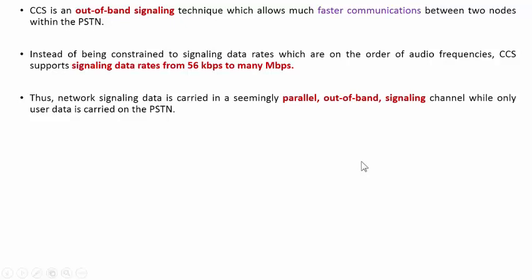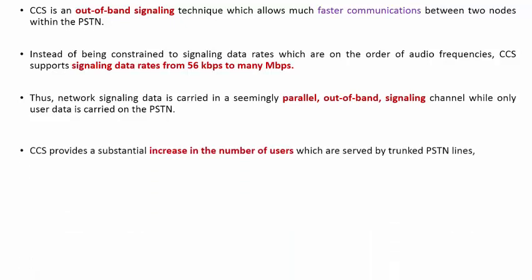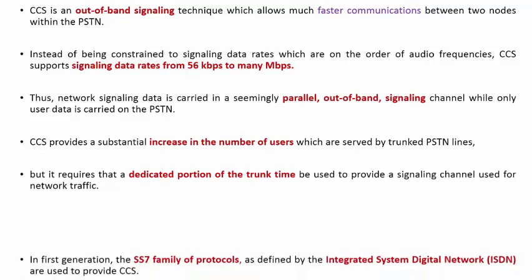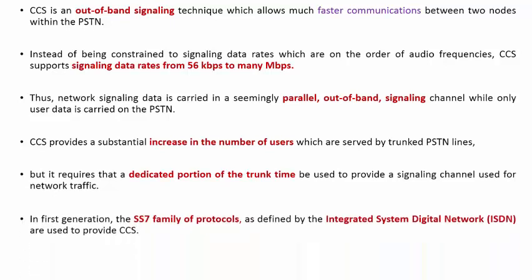So in PSTN also we can see separate lines for the data and the signaling purpose. In this way CCS provides a substantial increase in the number of users which are served by the trunk PSTN lines, but it requires that a dedicated portion of the trunk time be used to provide the signaling channel used for the network traffic.